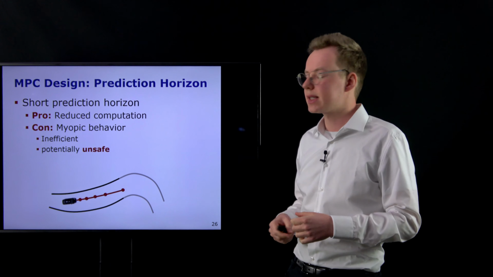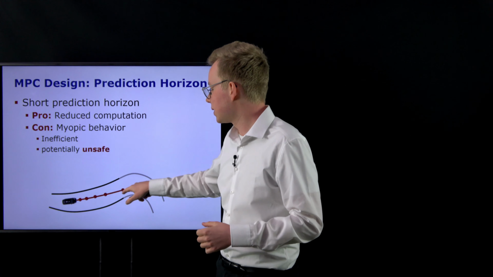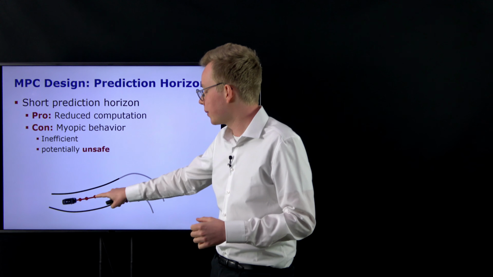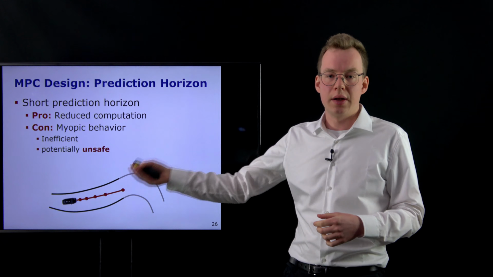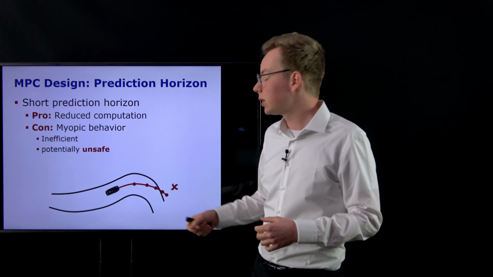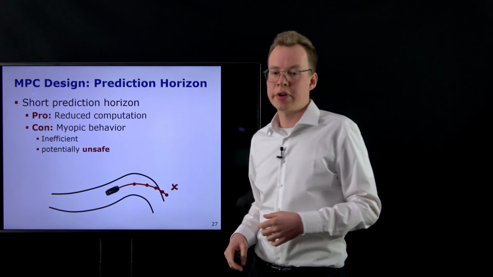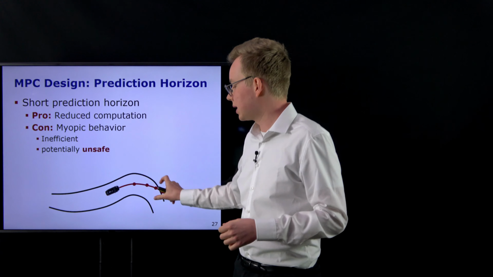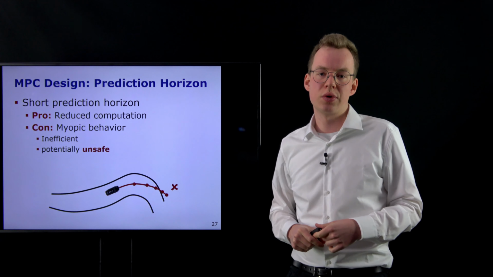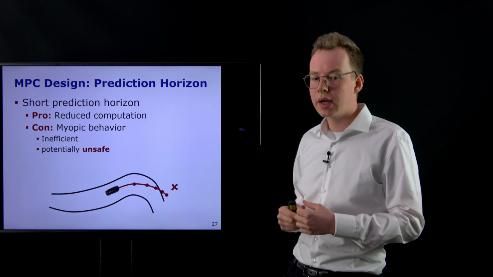But it may even be unsafe. So imagine that here, because we only see the straight segment, we decided to accelerate so much that we're not even able to keep the car within the track bounds once we see that this road is making this turn here.